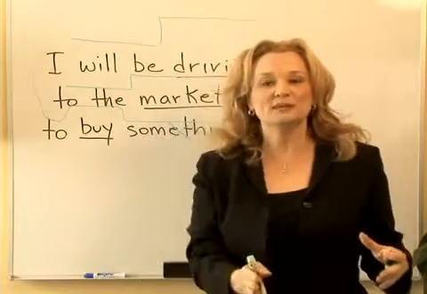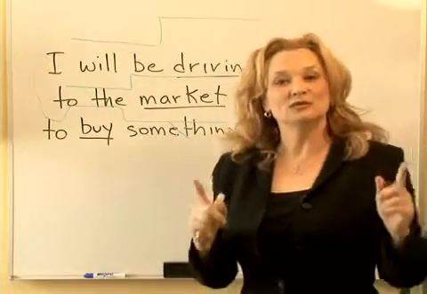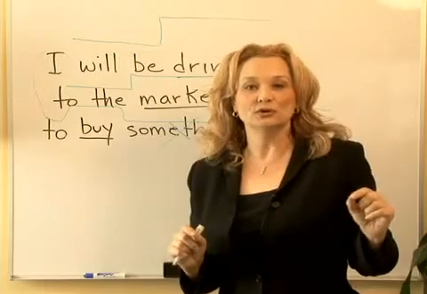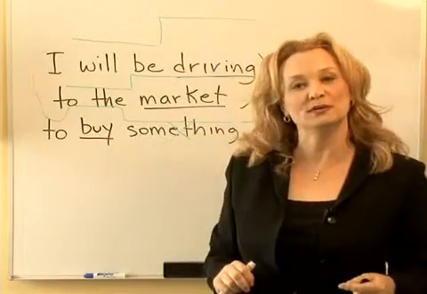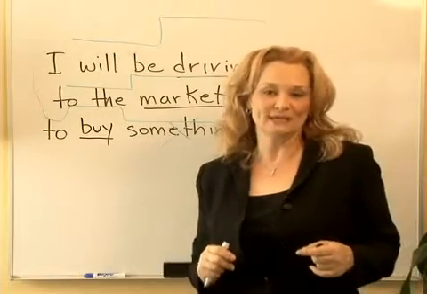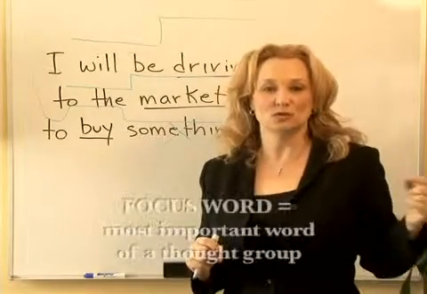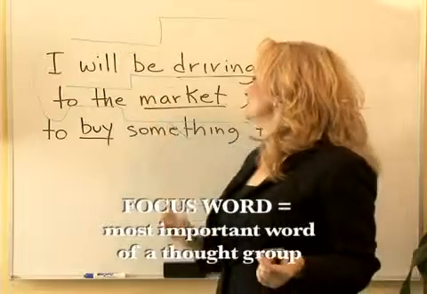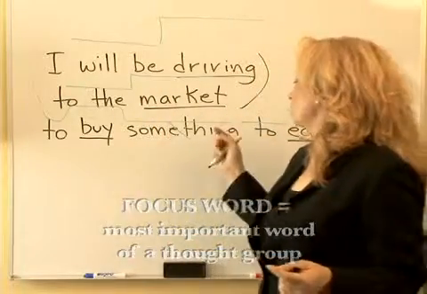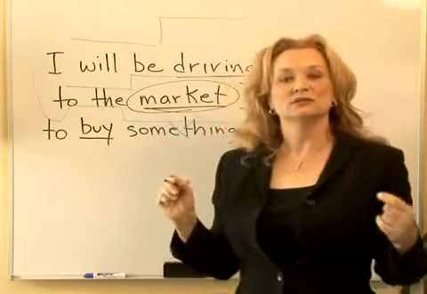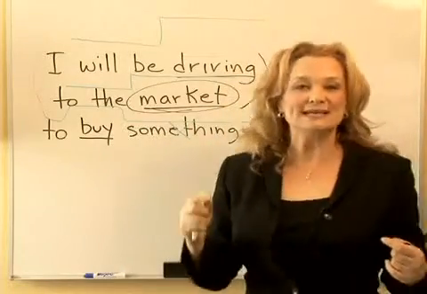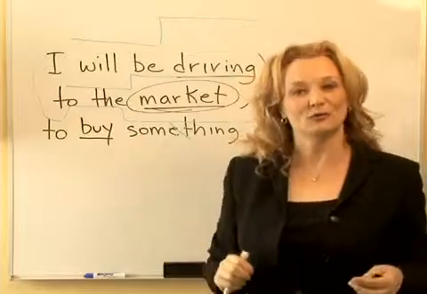When you break up the sentence into thought groups, you need to decide which word is the most important word of that particular thought group. That most important word is called a focus word. In this sentence, I will be driving to the market. Market is the focus word. Usually the focus word is towards the end of the thought group.